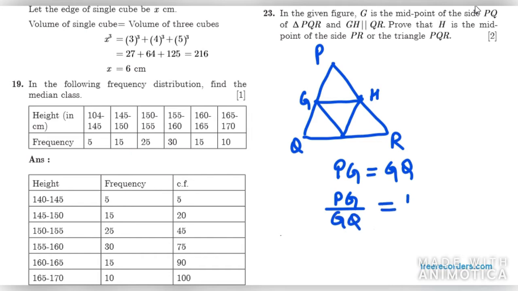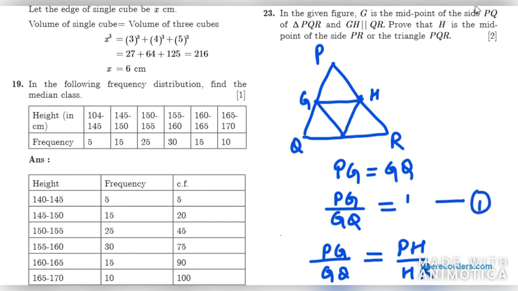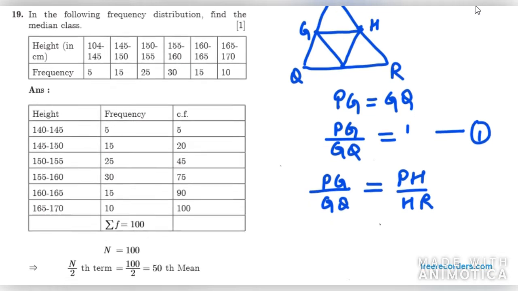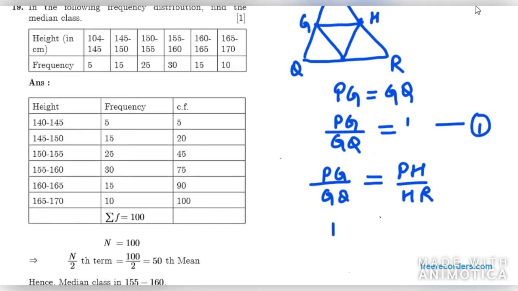Now according to this question, GH is parallel to QR, as it is given that GH is parallel to QR. So we can use BPT theorem here. So it will be PG over GQ equals PH over HR. Now from equation 1 we know the value for PG over GQ is 1. So for PG over GQ I would be putting 1.